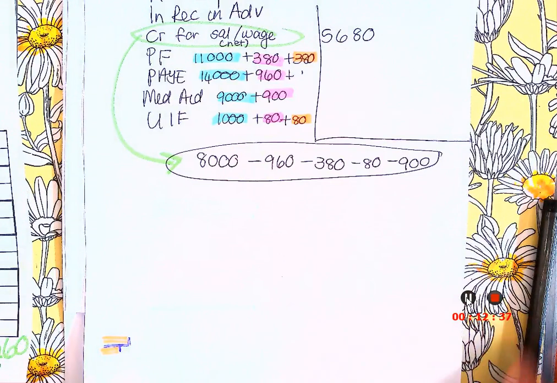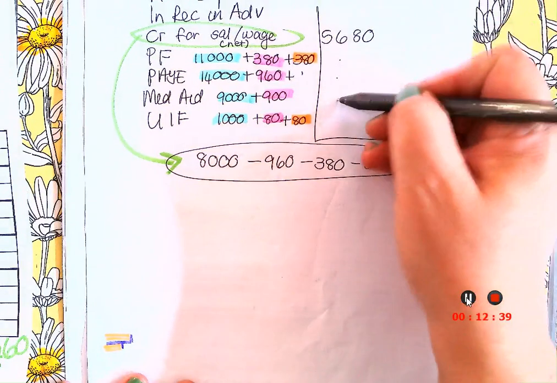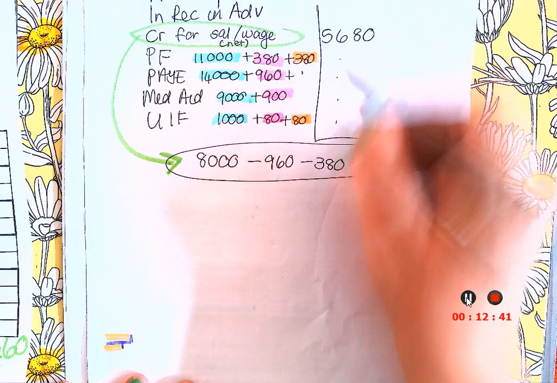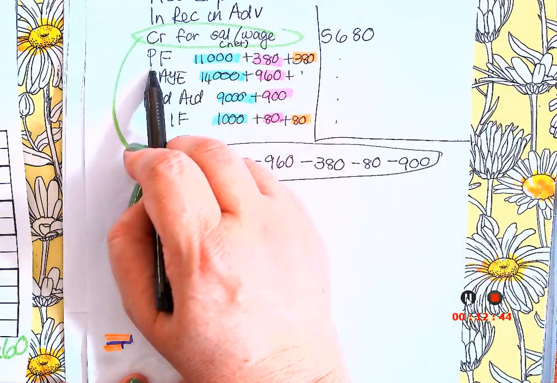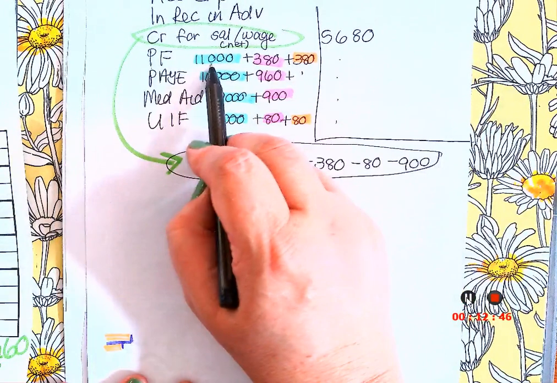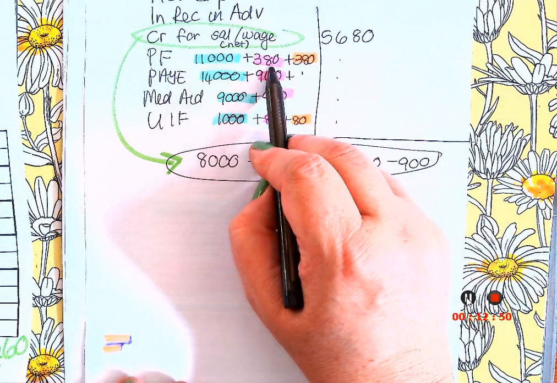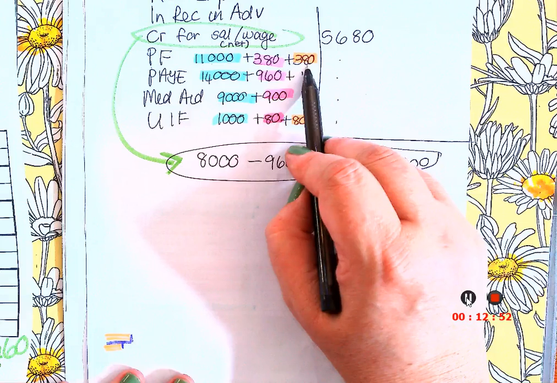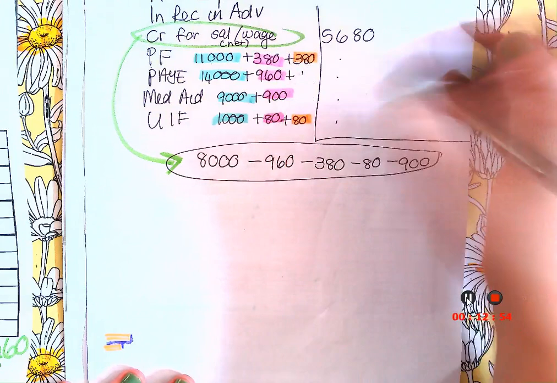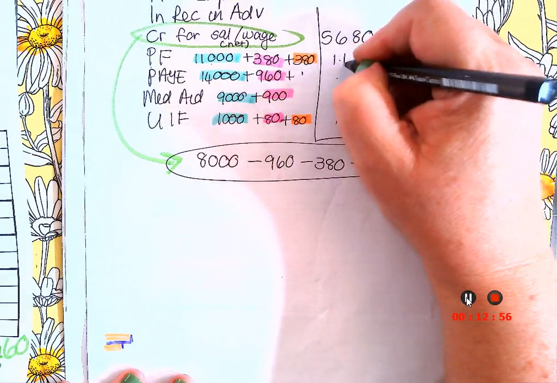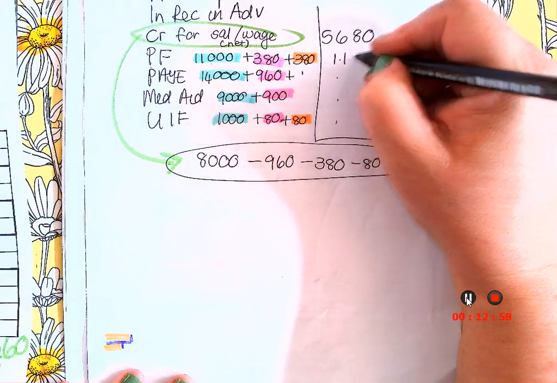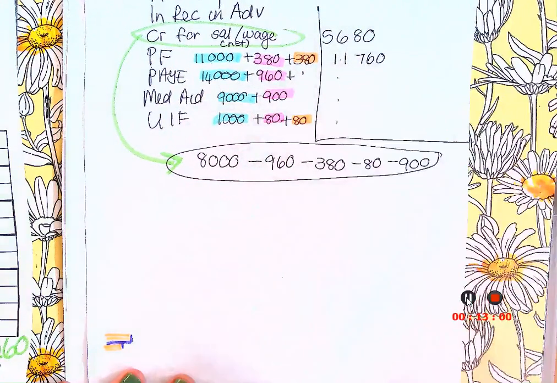You guys get it? So now you just add all of this and you get how much you need to pay to the pension fund. I owe 11,000. I deducted 380. I'm contributing 380. So I need to pay in the end 11,760.